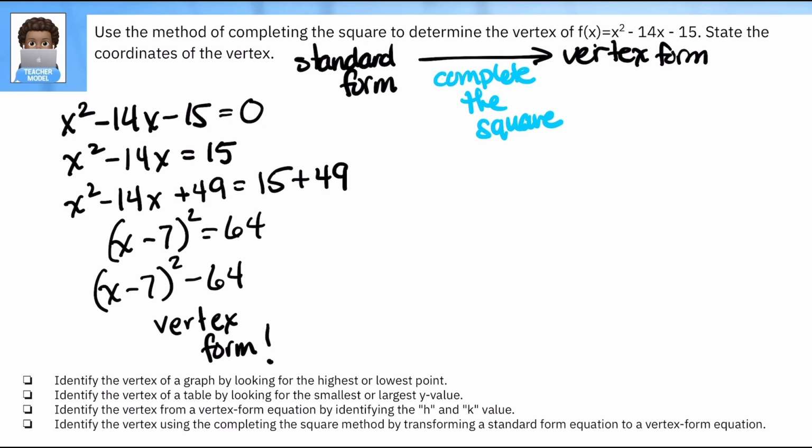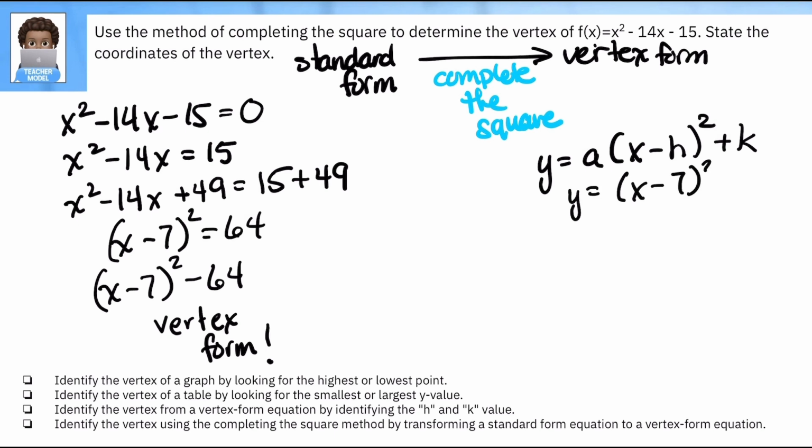Okay, since we're at this point, let's write our regular vertex form, which is a times x minus h squared plus k, and we have y is equal to x minus 7 squared minus 64. So in this case, a is equal to 1. Our h, what's happening with our h?